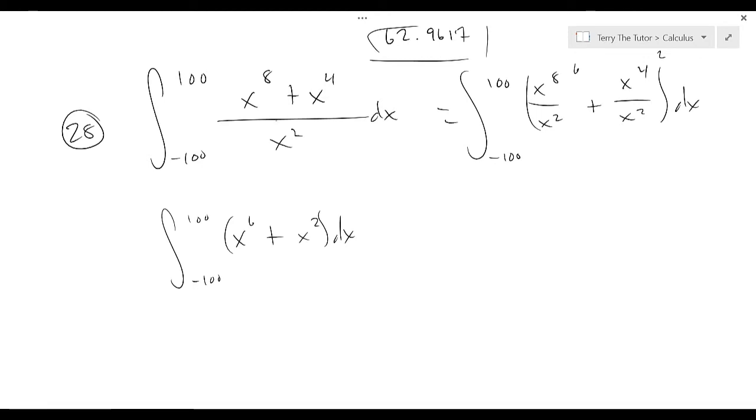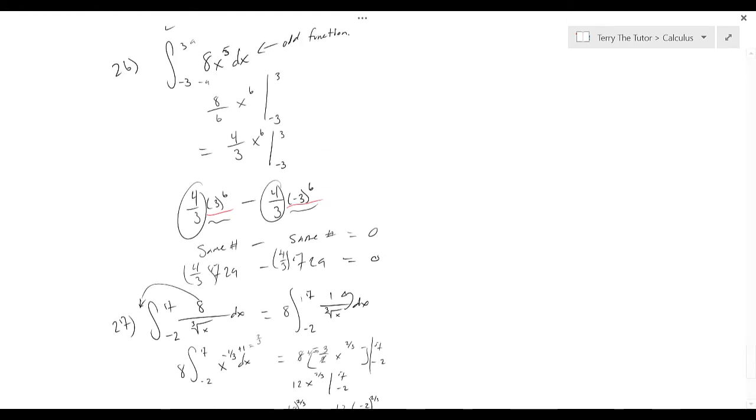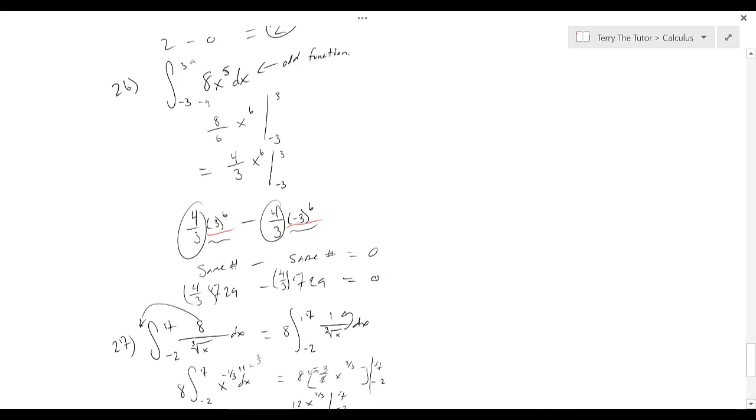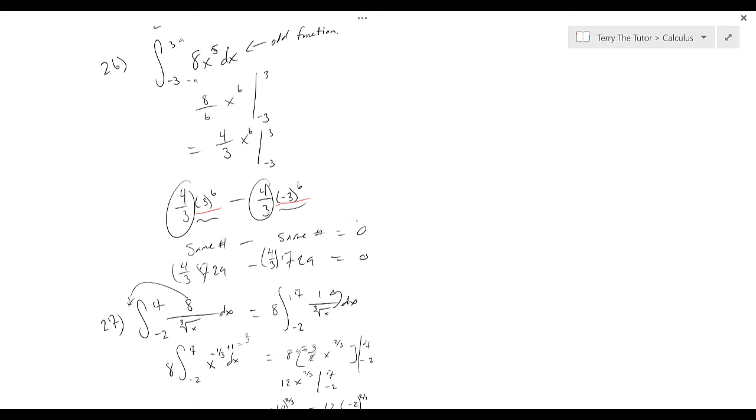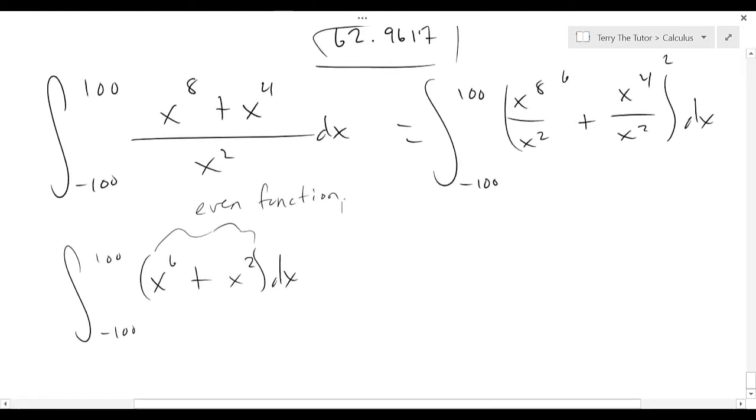Let's take note of the fact that this is an even function. When it's an odd function, as we saw up here, from a to negative a, then it is 0. When it's an even function, though, it's a little bit different.